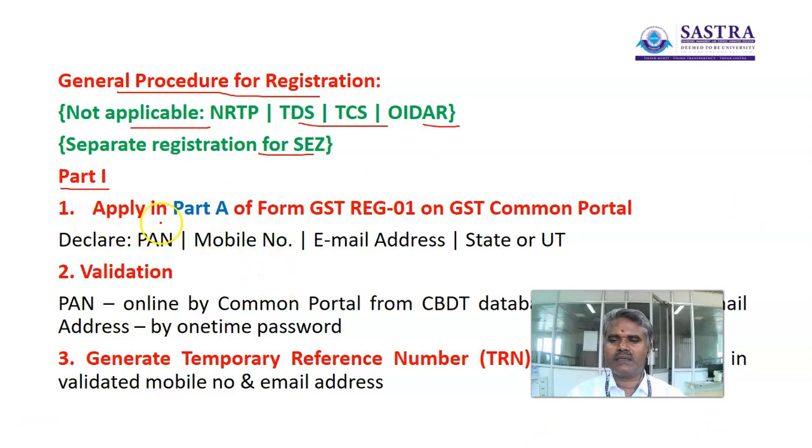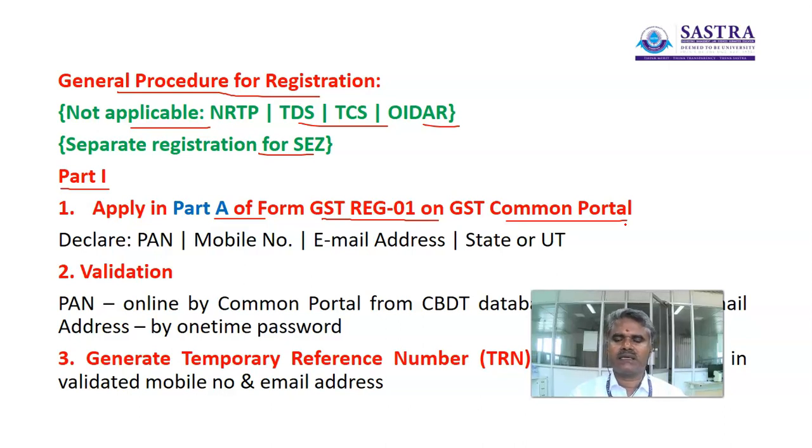Apply in Part A of Form GST REG-01 on the GST Common Portal. This is not manual work. Everything should be done in the system, because it is computer-based, online registration.